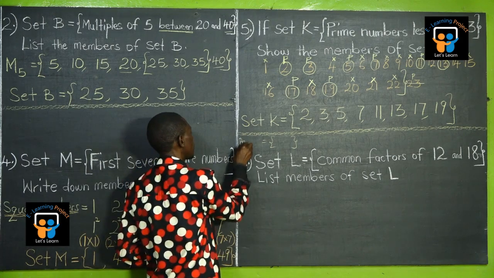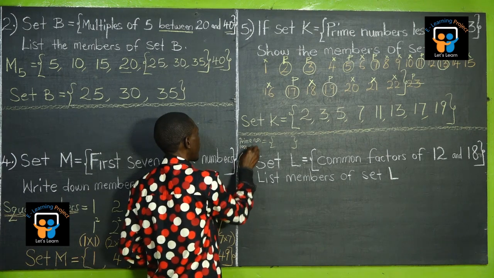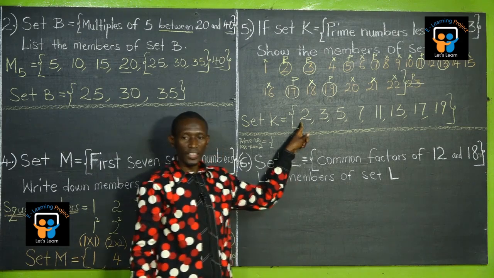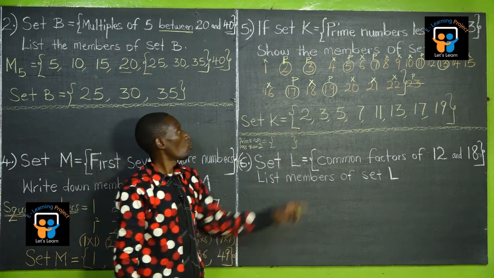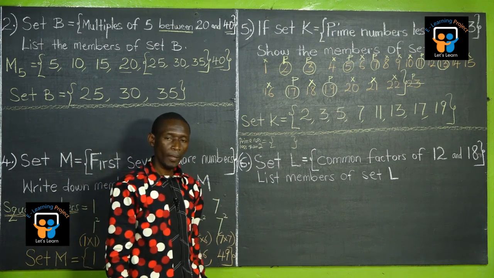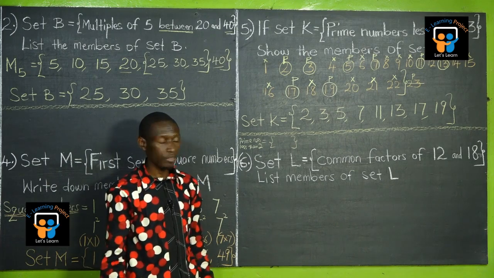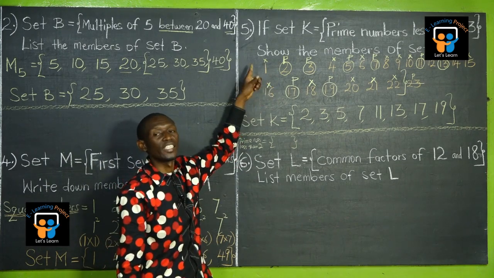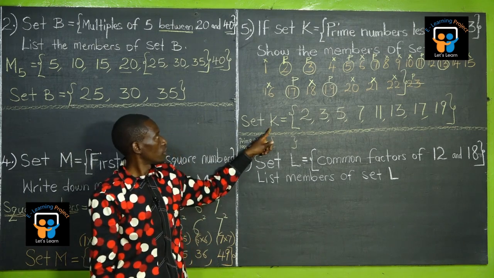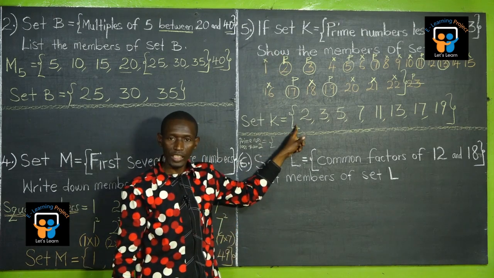Should the question be prime numbers less than 2, because the first prime number is 2, less than 2 there is no prime number. 1 is not a prime number, because a prime number should have 2 factors, 1 and itself. But now this is 1 and itself, again it is a 1. So they have described set K and we have written members of set K.